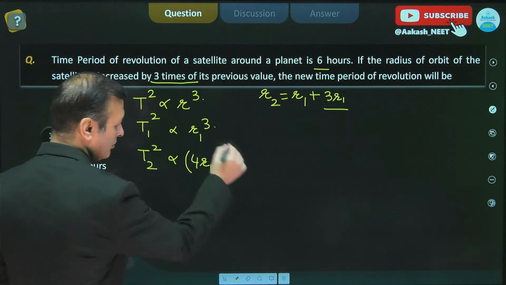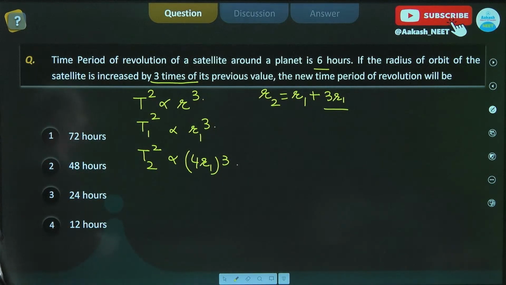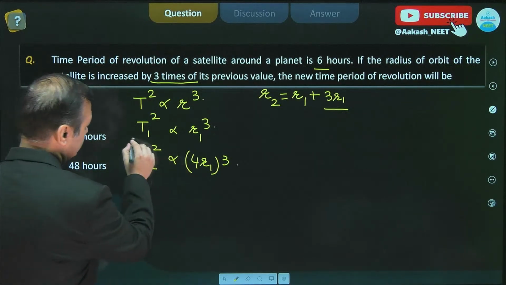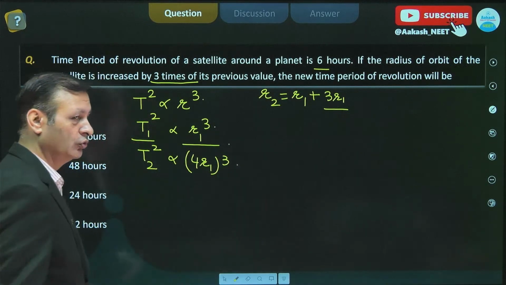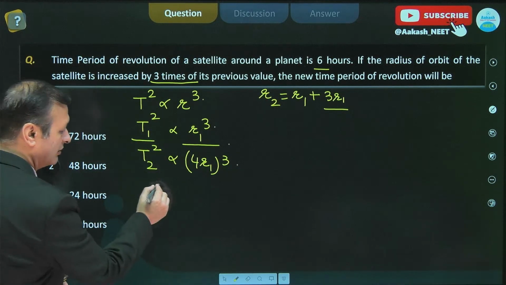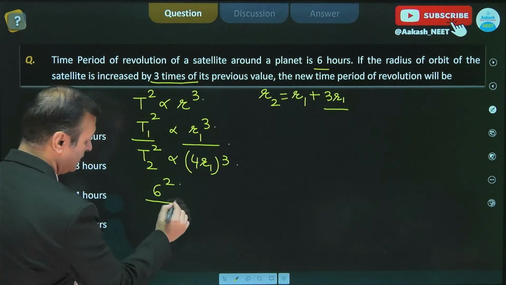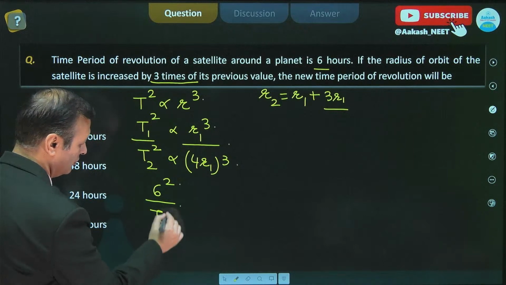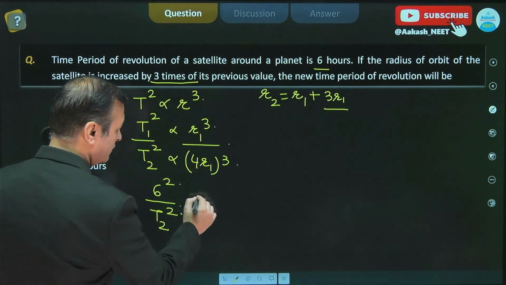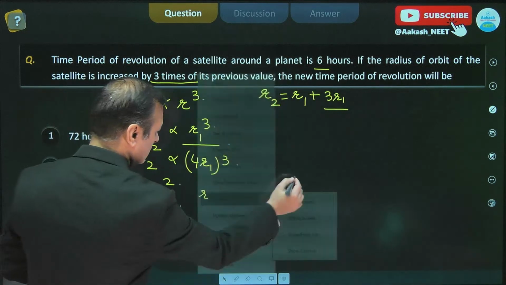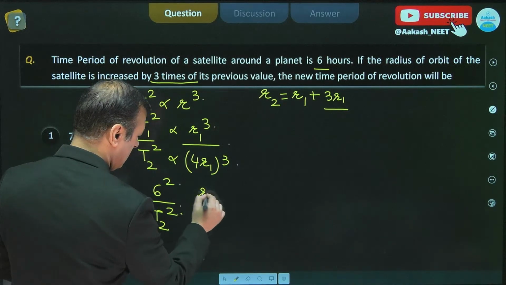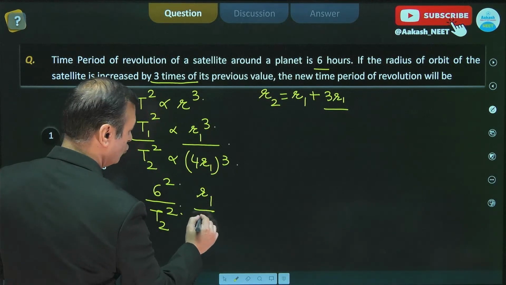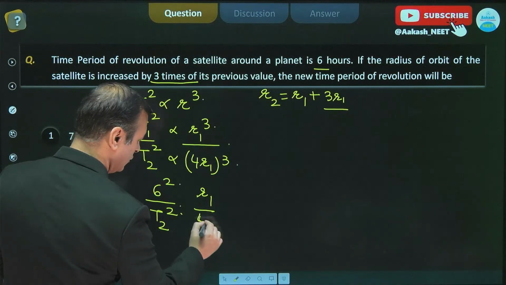So the new radius of the orbit would be 4 times R1, and simply we'll go with the ratio to solve this. So what is T1? 6 hours. We need to find out T2 square. So this is R1 cube by 4 R1 cube.